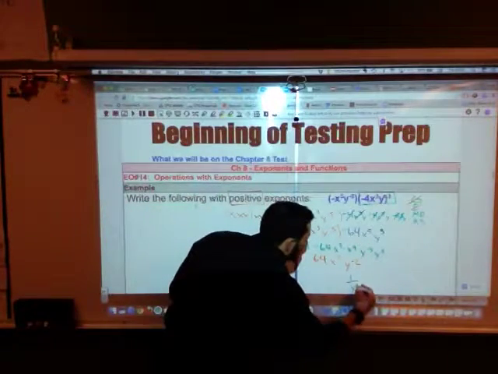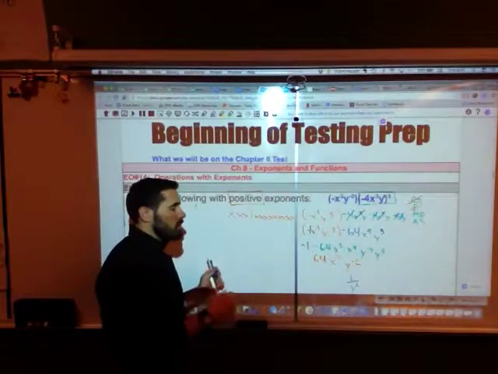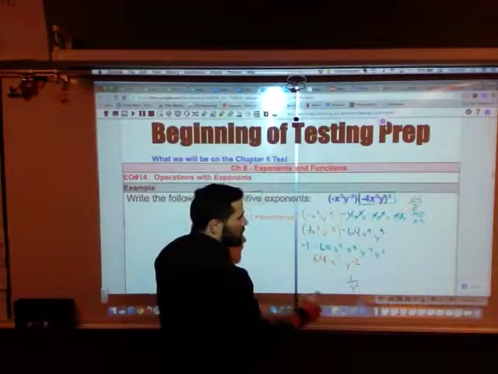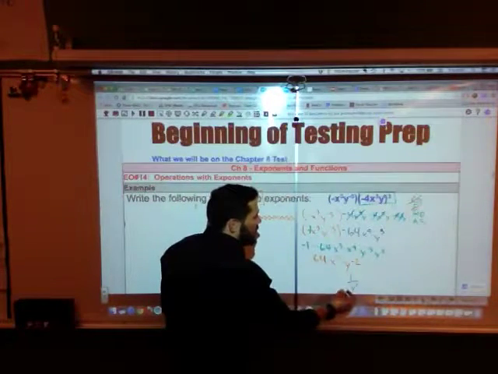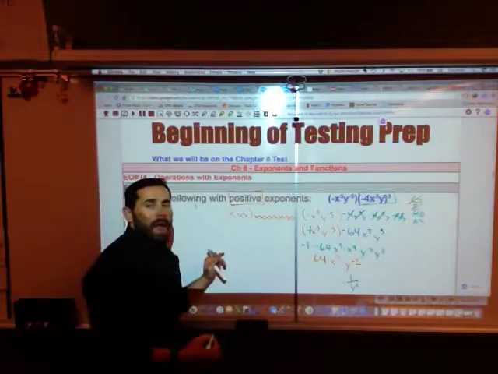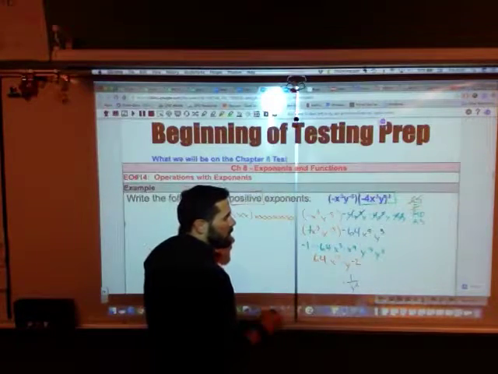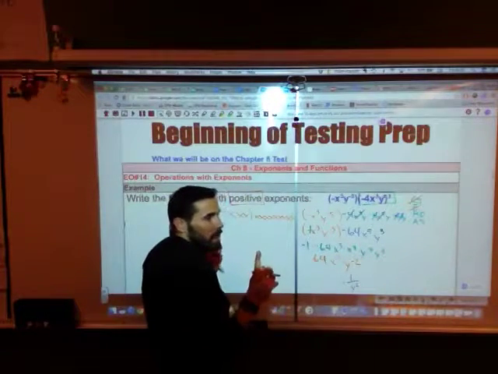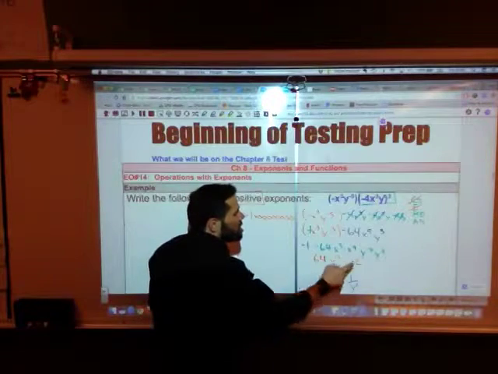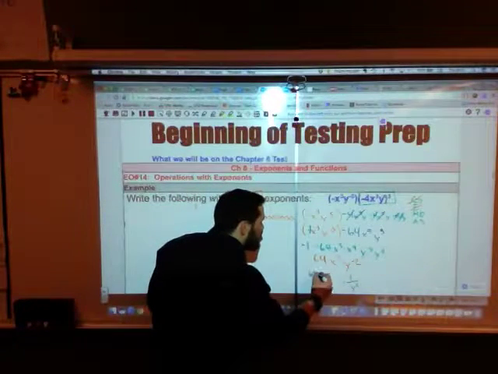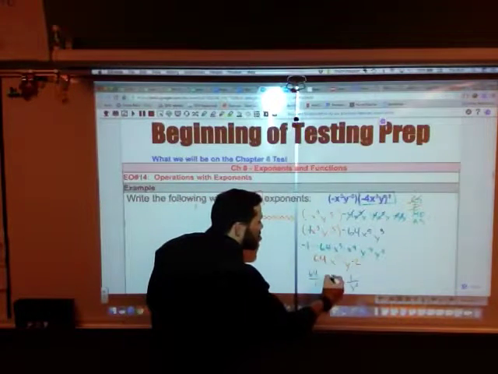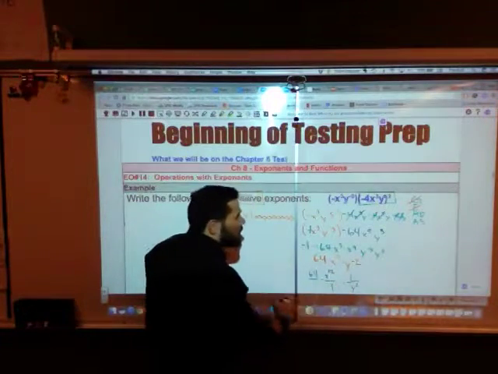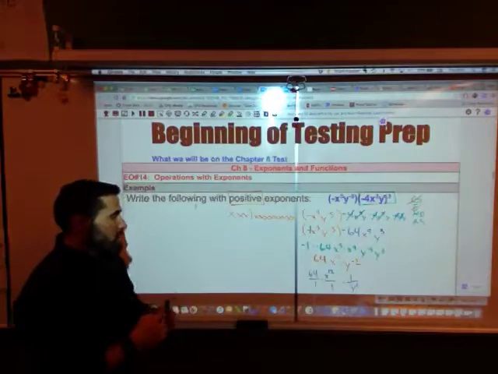Y to the second instead of a negative 2, being turned into positive 2. So that's actually what's being multiplied on the end here, is 1 divided by y to the second. So I can write the rest of them as fractions. 64 over 1, x to the 12 over 1, and multiply everything together and get my answer.